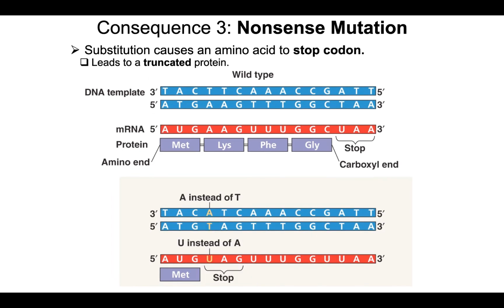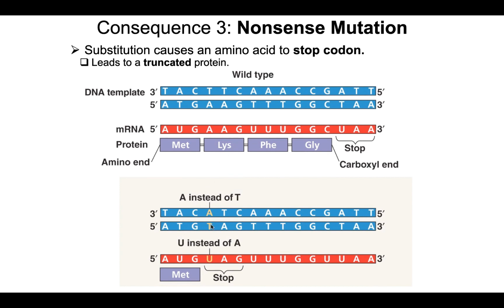And finally, nonsense mutations, where here we have an AAG codon within the mRNA-like strand, which of course is going to lead to an AAG codon within the messenger RNA that encodes lysine.